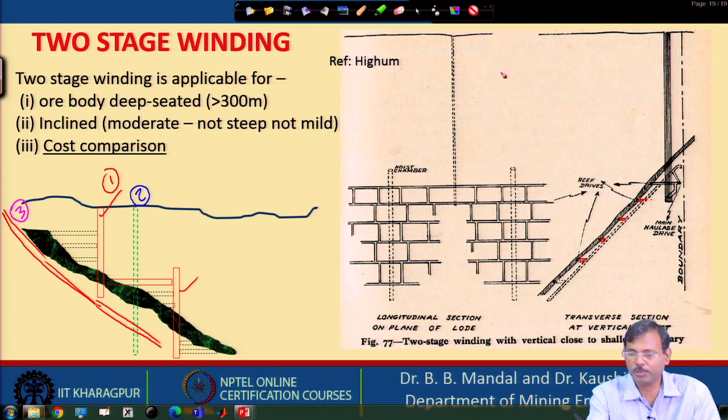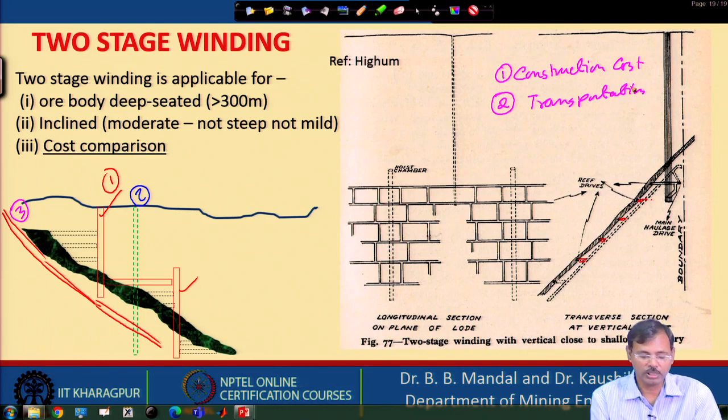These costs comprise, one, construction cost, and second, the transportation cost. So, we can understand construction cost of this one is minimum, and this one is a little bit high, and this one is also high.